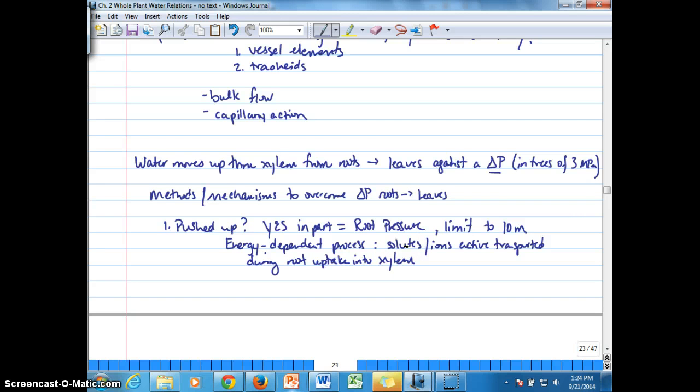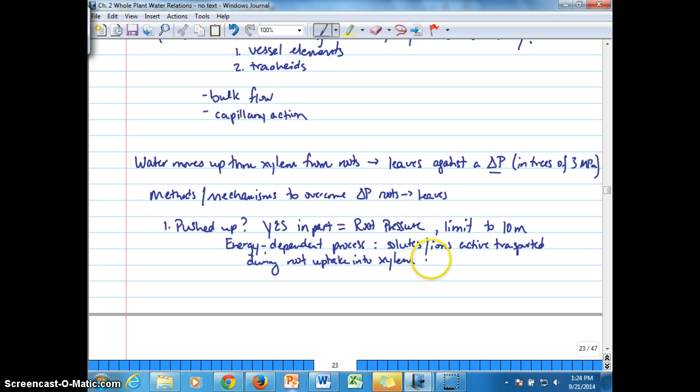So we've just talked about how water moves radially from the root epidermis into the root xylem, reaching that endodermis if it's through the apoplastic route. Or if water is transported across the membrane earlier than that point, then the ions dissolved in water are going to be actively transported. They require ATP for uptake.